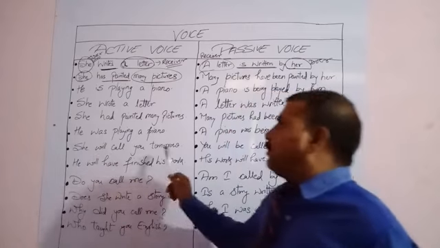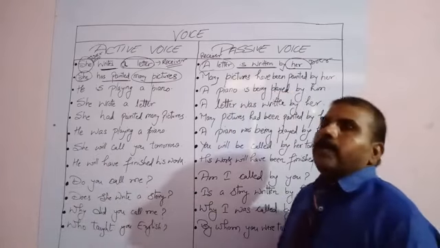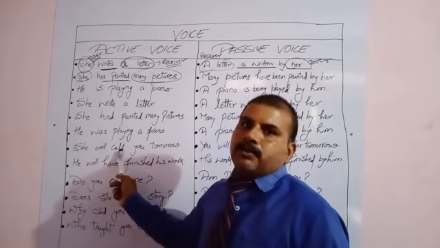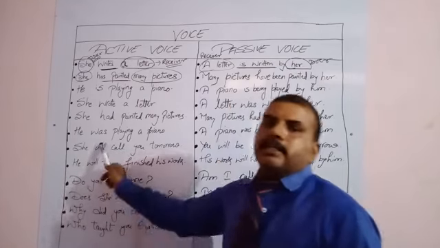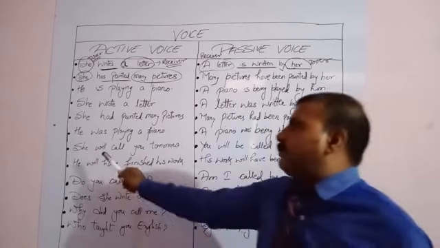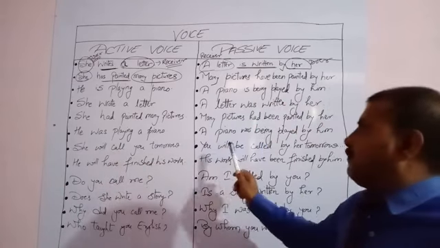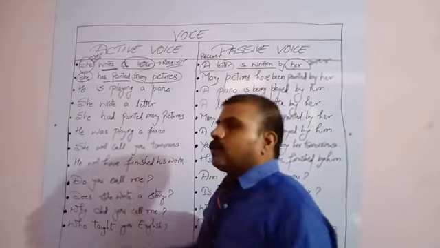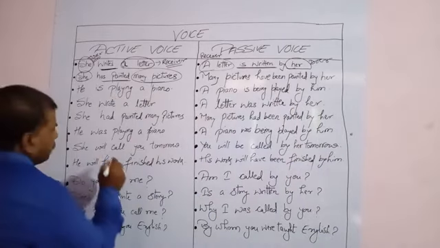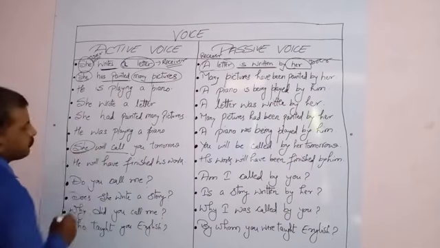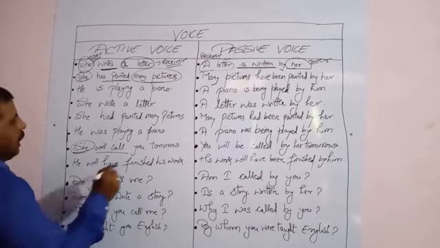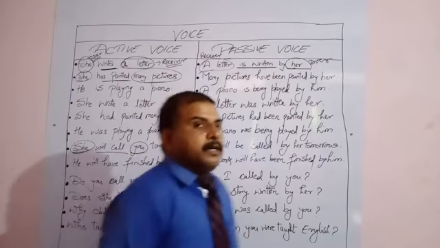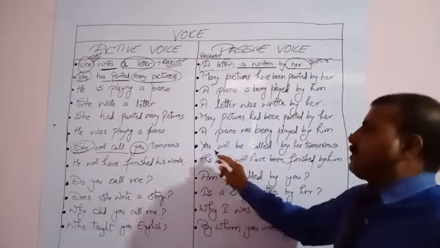She will call you tomorrow. "Will" denotes future case, and after "will" the first form of the verb is used here, so it denotes future indefinite tense. The passive will also be in future indefinite tense. She will call you. Call is the main verb here. The doer is she and the receiver is you, so here we have to make the receiver of the verb the subject.